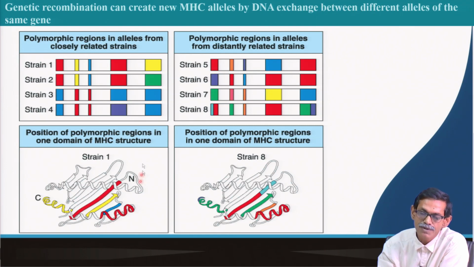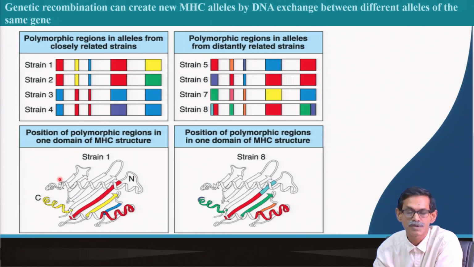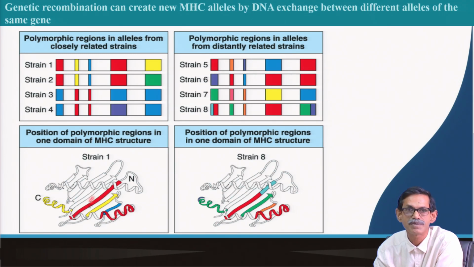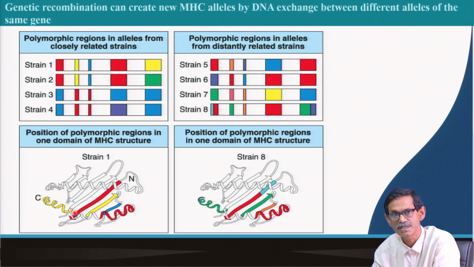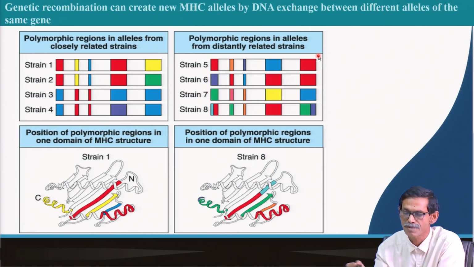Now, if you see where this polymorphism is located, the rest of the white part is very much identical, that is why it is not shown. If you convert to this ribbon structure, we will see that the majority of this polymorphism is either in the TCR binding site or in the cleft, the peptide binding site. That specification is still maintained, and the same thing holds for distantly related strains that do not match in most of the parts.